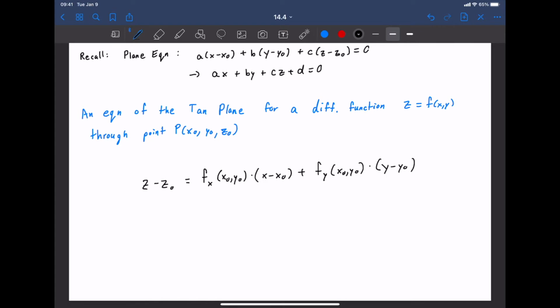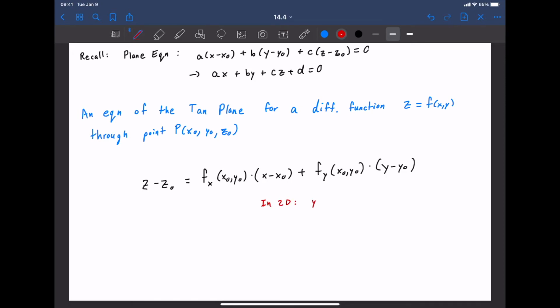Before you get freaking out, there's one dependent variable, z. There's two independent variables, x and y. Okay? X naught, y naught, z naught are all constants. Those are a point you have in mind. Before I go much further, I'll compare this to 2D.